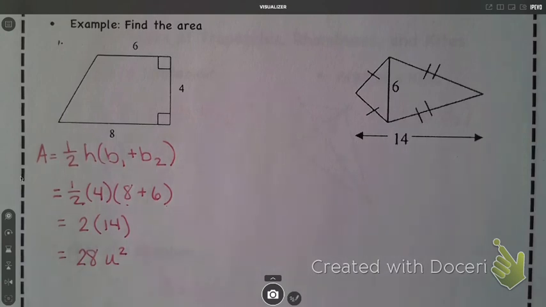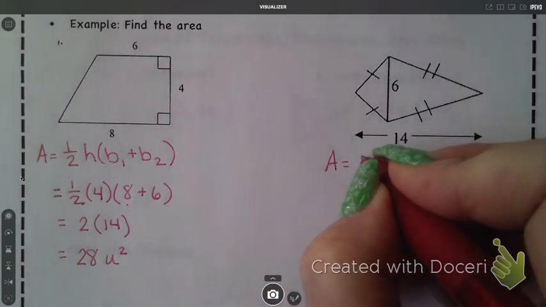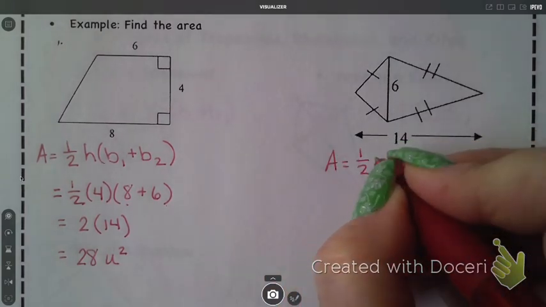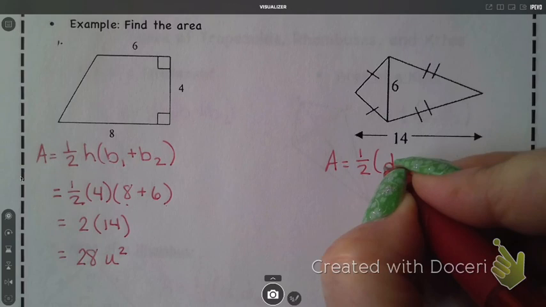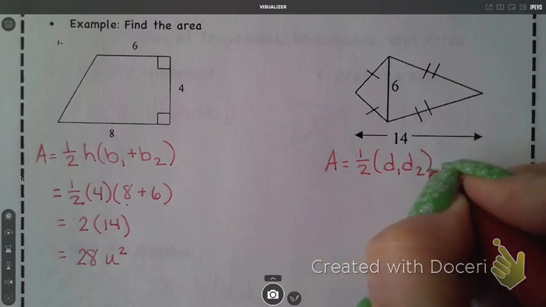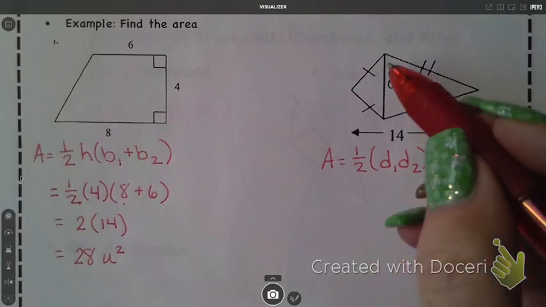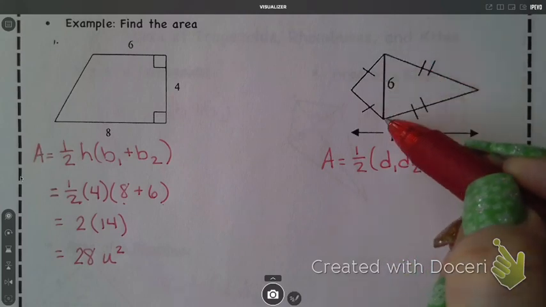Next one is a what? Kite. So its formula is what? 1/2 diagonal times diagonal. Okay. Now, I have one diagonal and it is 6, correct?